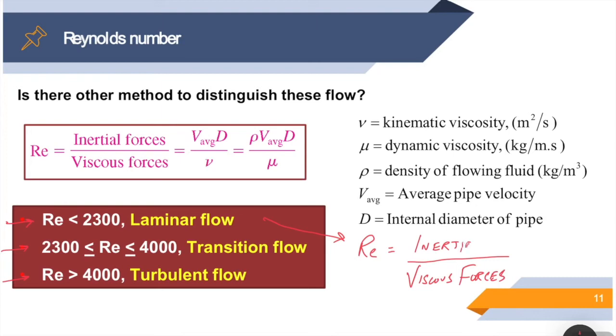When the viscous forces are dominant, the Reynolds number decreases, and when it is less than 2300, we have laminar flow. So at small or moderate Reynolds number, the viscous forces are large enough to suppress the fluctuations caused by inertial forces. And what happens in turbulent flow?